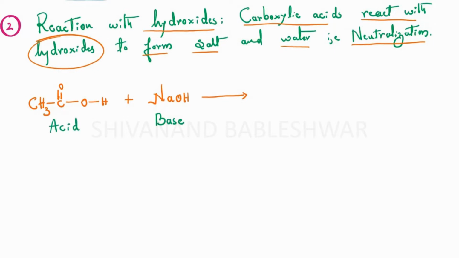Since it is an acid, the bonding electrons are taken and it provides H+, which comes outside in the form of H+. Sodium hydroxide furnishes OH minus and Na+. So we get CH3C=O O minus Na+, plus water.